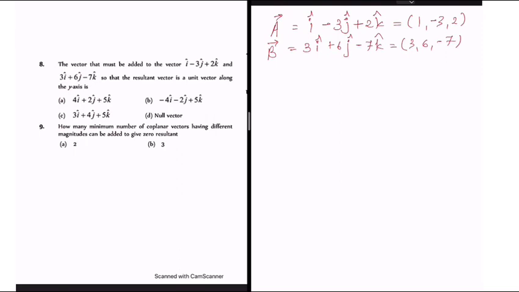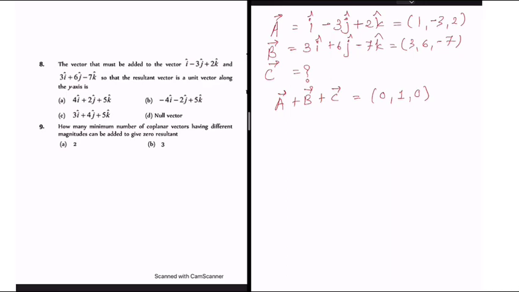The resultant vector is with the vector that must be added to these two vectors. So our next vector is C that we need to find, and vector A plus vector B plus vector C is given as a unit vector along the y-axis, which is 0, 1, 0.